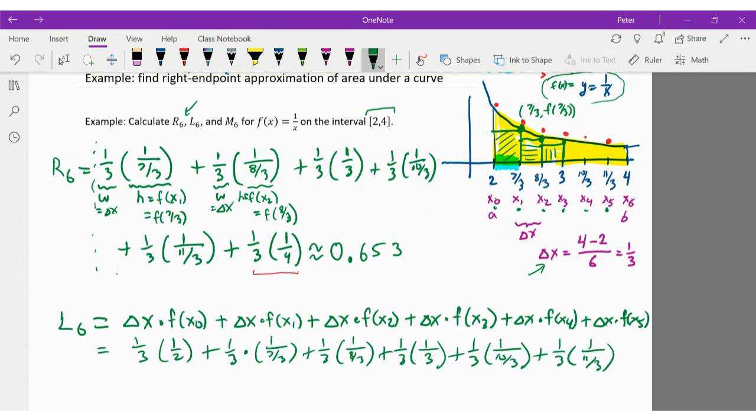I'll answer that question. There's a question pending, and I'll answer it in a minute. Okay, so this comes out to 0.737.